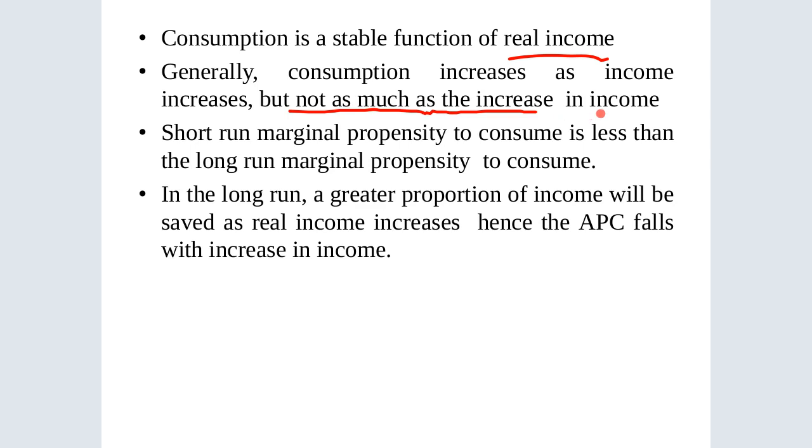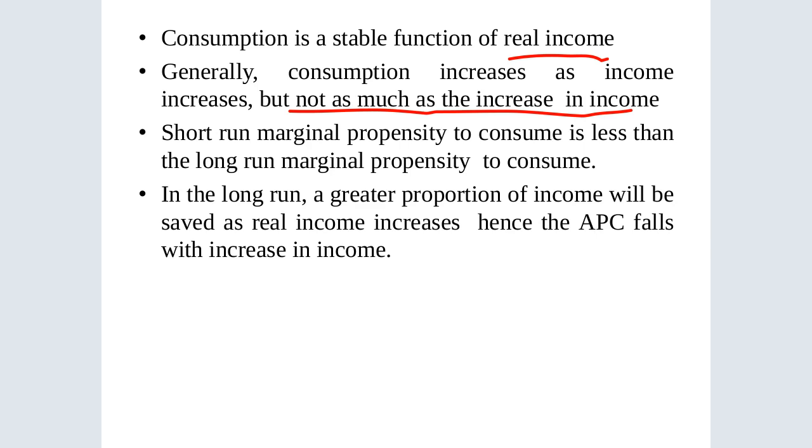So we have talked about the marginal propensity to consume. Consumption increases, but not as much as the increase in income. So if income increases by 1 unit, then consumption increases by a figure that is less than 1 unit. That is what that point means. So the short-run marginal propensity to consume is less than the long-run marginal propensity to consume.